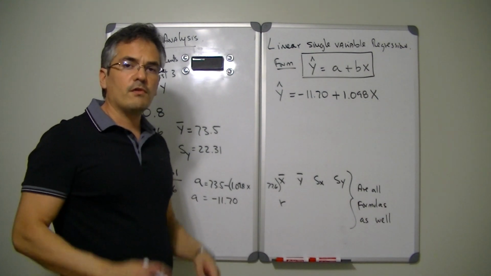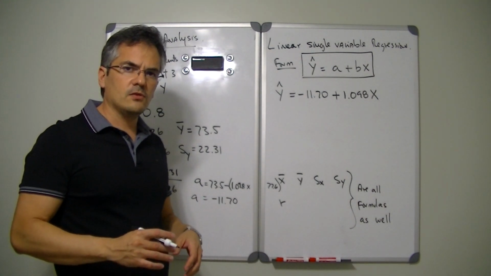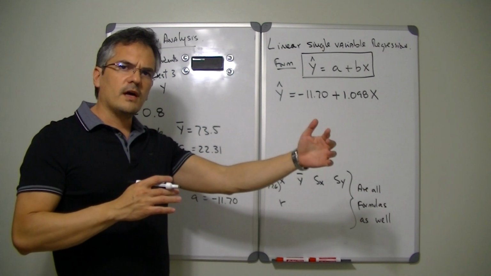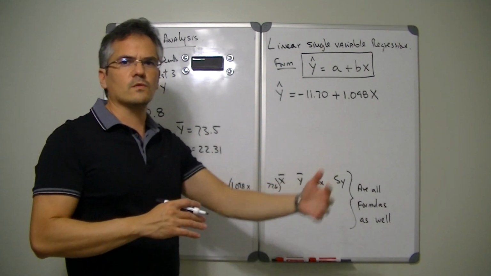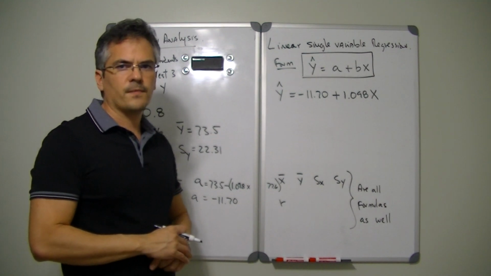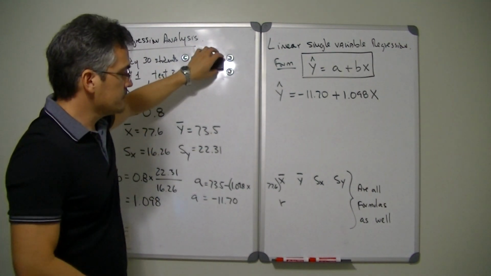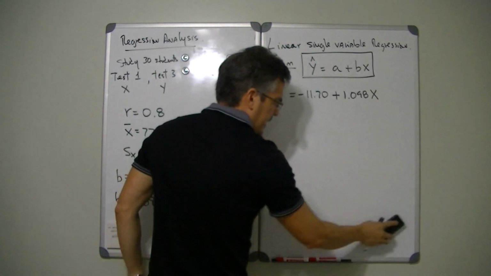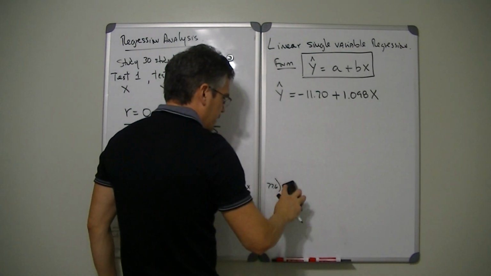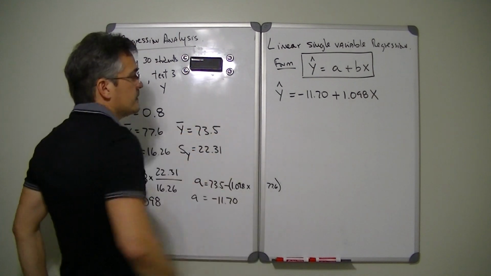Alright, so a regression analysis is something that you do towards the end of an intro to statistics class, or maybe in statistics 2, if you don't do it in statistics 1.